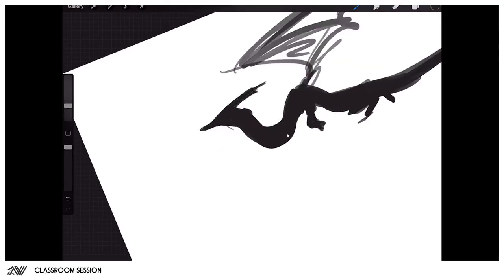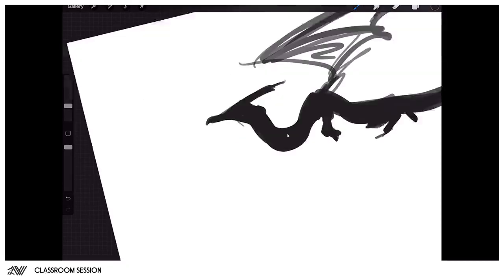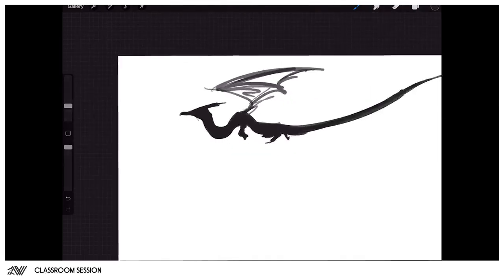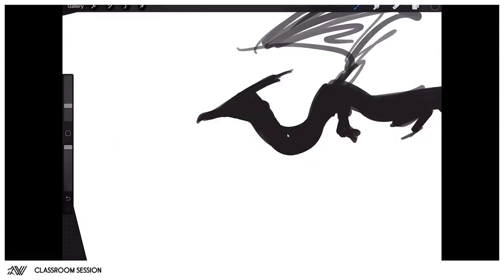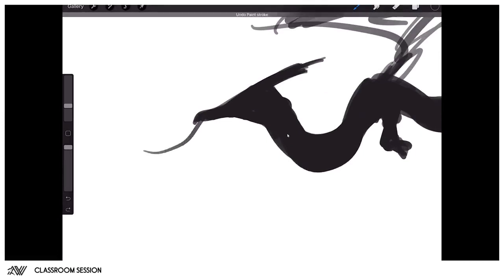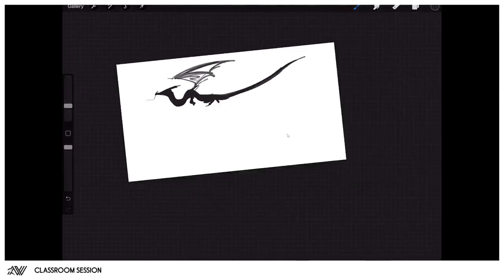It's always fun to do. And then you go from, you know, primary shapes to secondary shapes where you fiddle with the silhouette a little bit more. Maybe add like a tongue, horns, you know, whatever you see fit.